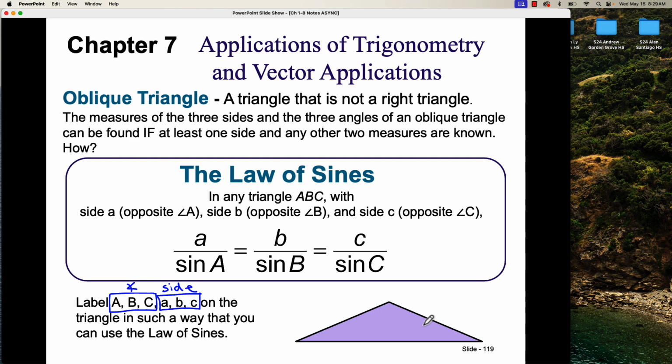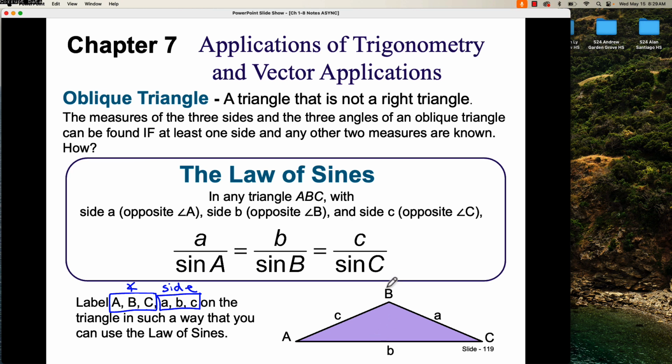Welcome back. If you came up with your capital A and across from that is your lowercase a, your capital B is an angle, across from that is lowercase b, and your capital C is an angle and across from that is your lowercase c, then you came up with one correct solution. There are more correct solutions.